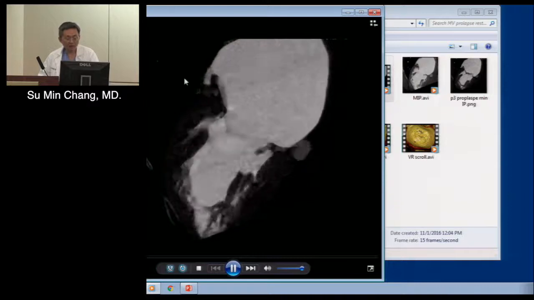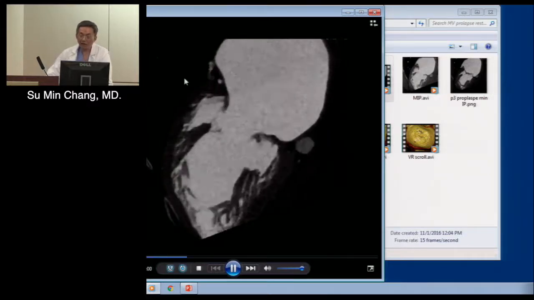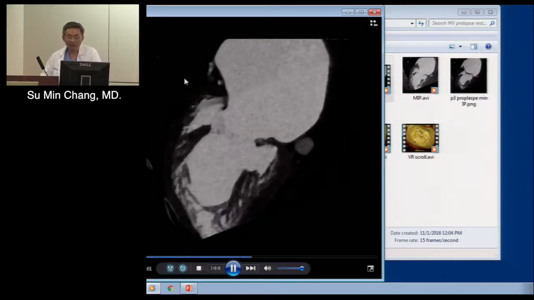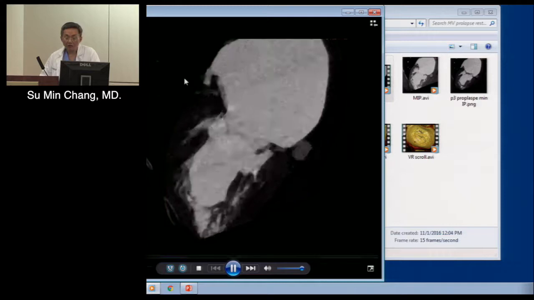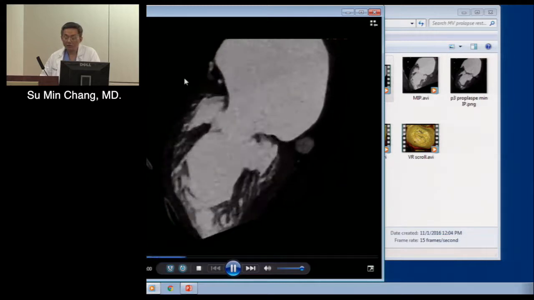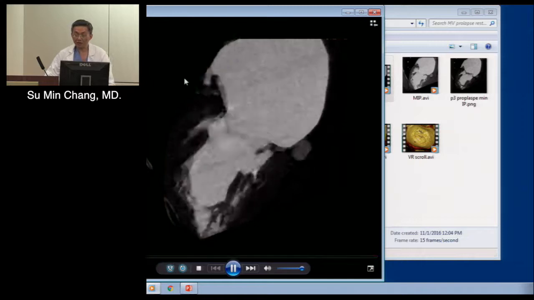The display looks a little bit funny, because instead of highlighting the contrast, it's highlighting the structures with low attenuation. The valve is very thin, right? So if you highlight the contrast, the pixels with low attenuation are going to disappear in your display, and you're not going to see the valve very well here.